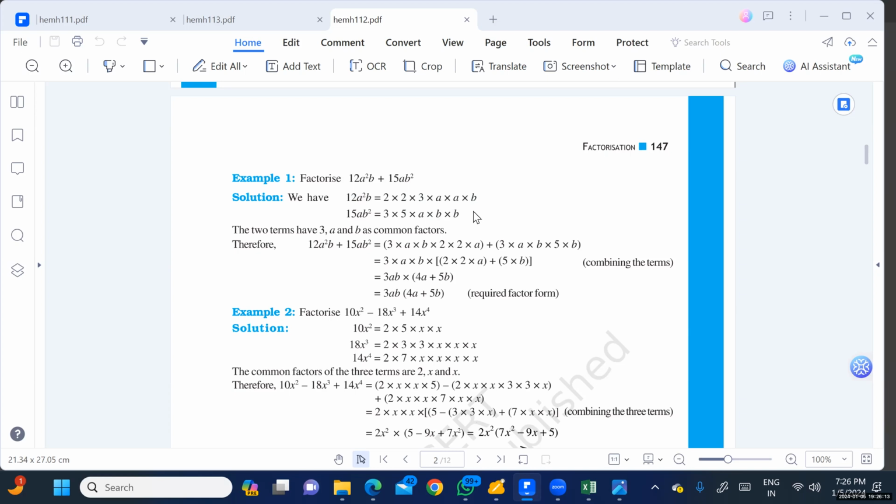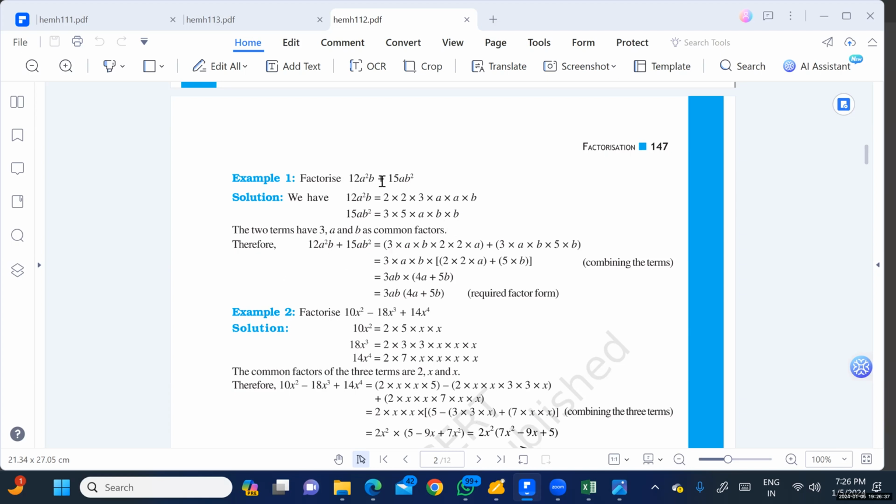Yes, sir. Okay. So now that we have broken them into prime factors, the two terms have 3, a and b common. So here, 3 is common, A is common, and B is common. So we keep 3AB outside.